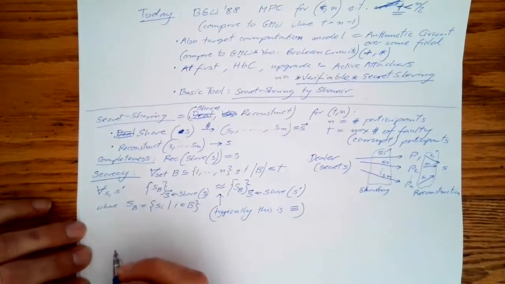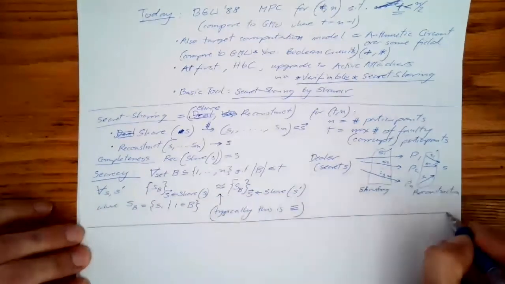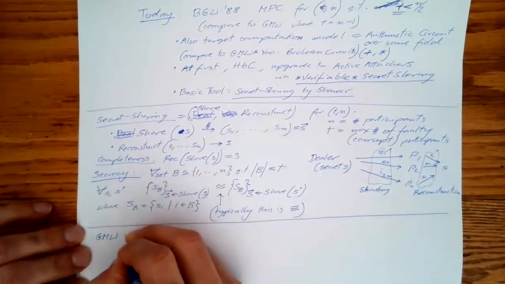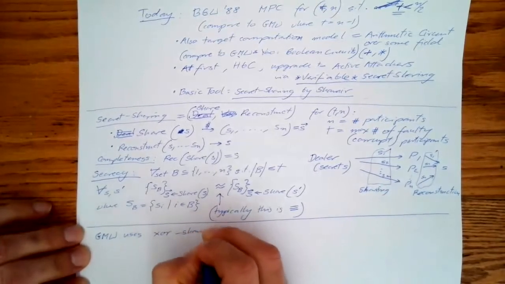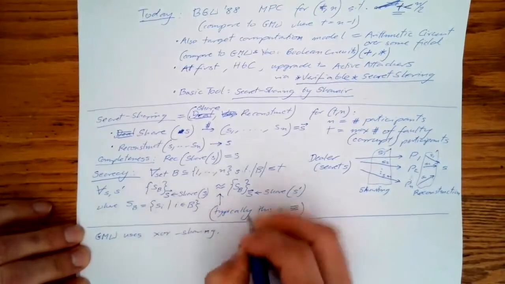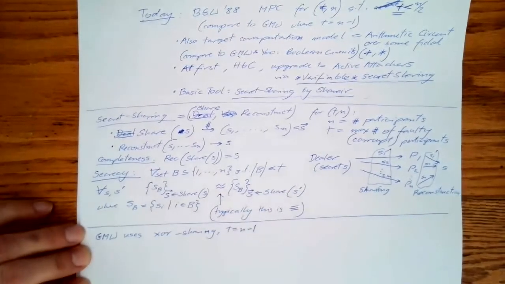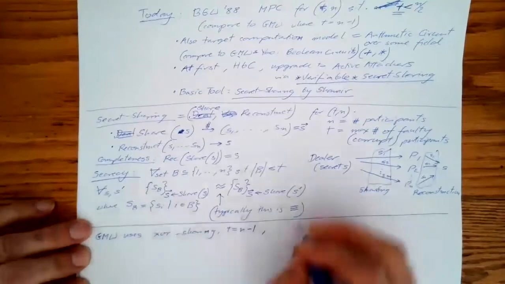So you have seen GMW uses XOR sharing, where the threshold is that you can get n-1 shares and you still don't know anything. And what's the sharing?